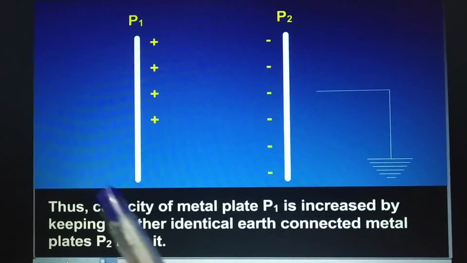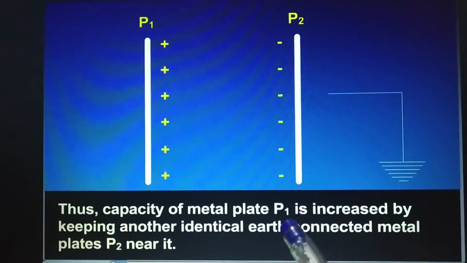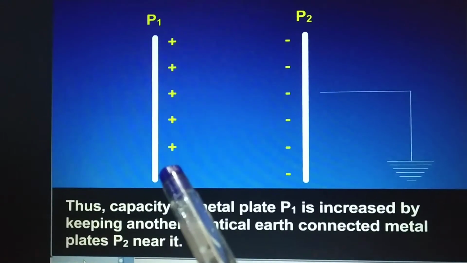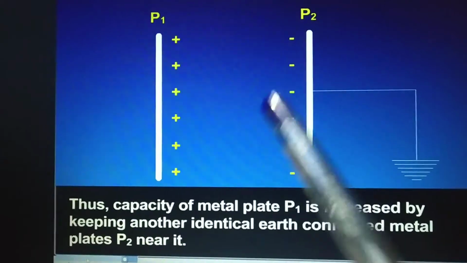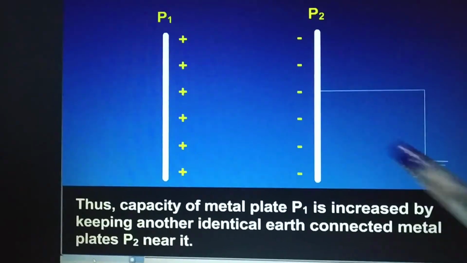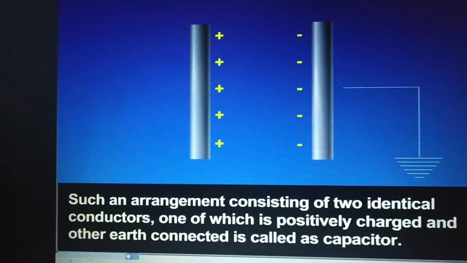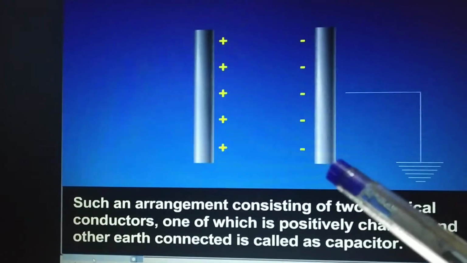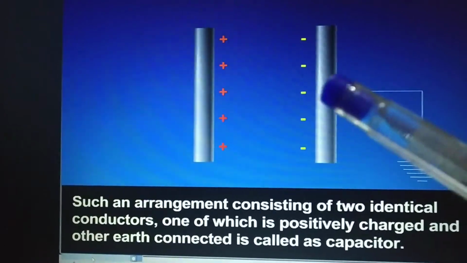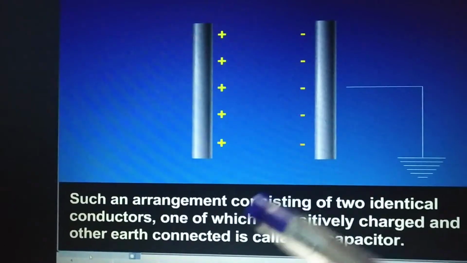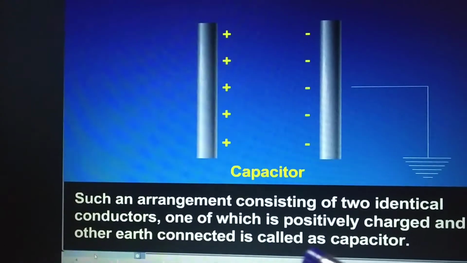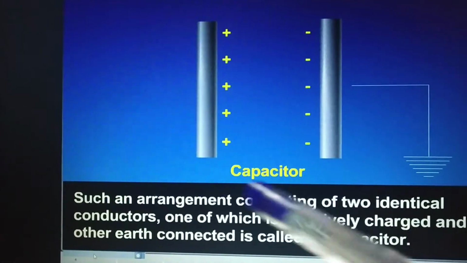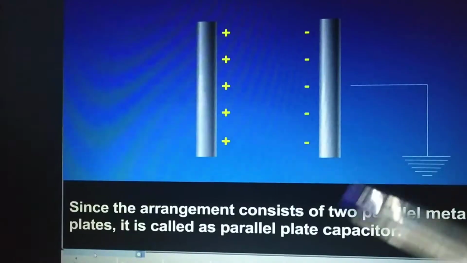Thus, the capacity of metal plate P1 is increased by keeping another identical earth connected metal plate P2 near it. Such an arrangement consisting of two identical conductors, one positively charged and the other earth connected, is called a capacitor.